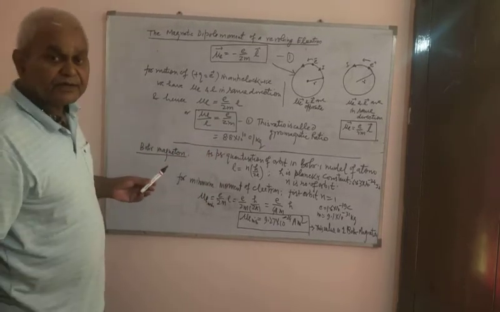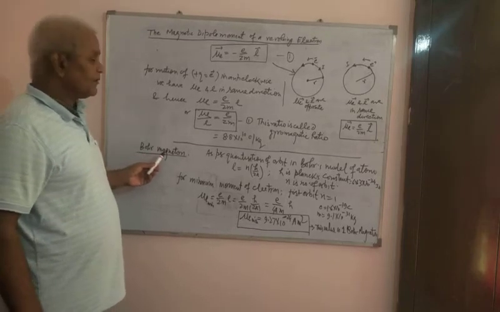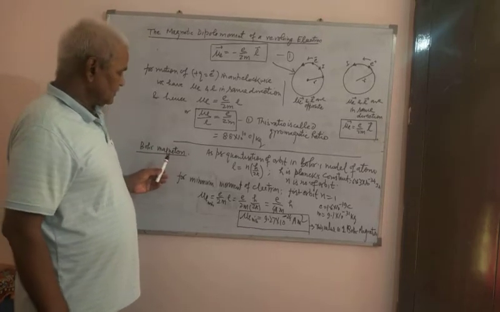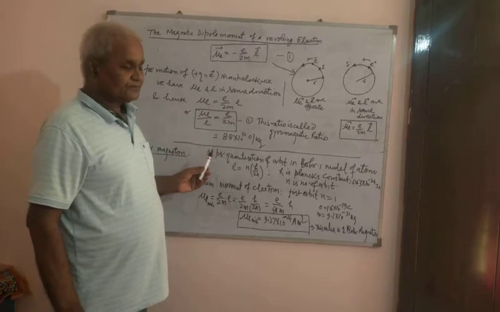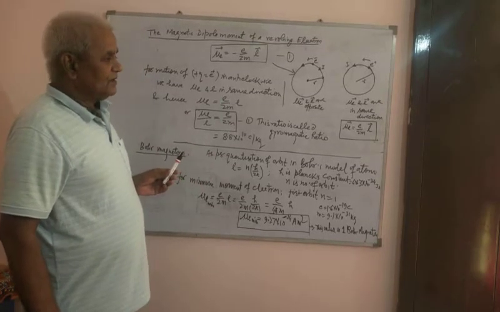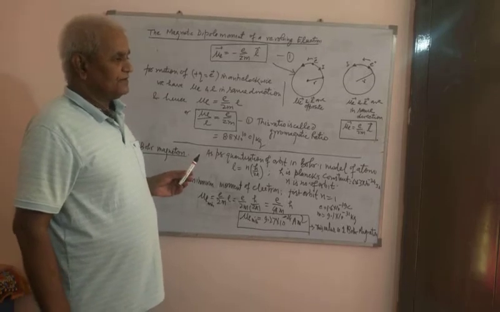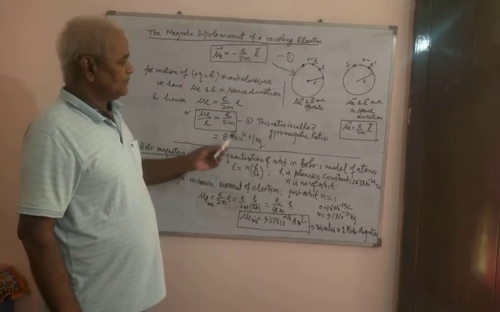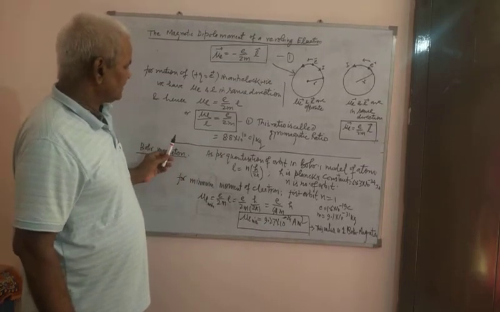We have another quantity that's called the Bohr magneton. If you want to define this term, this is the minimum magnetic moment of a revolving electron.